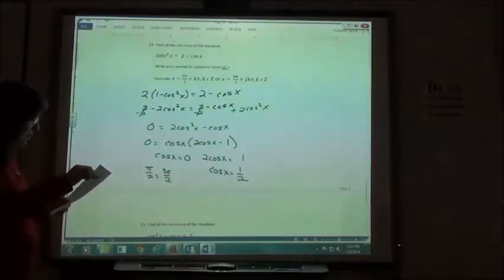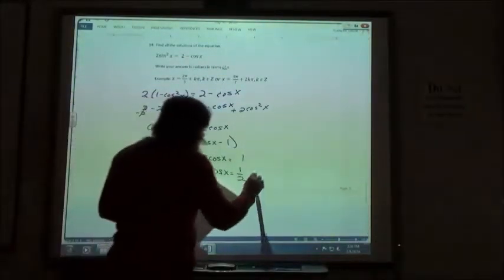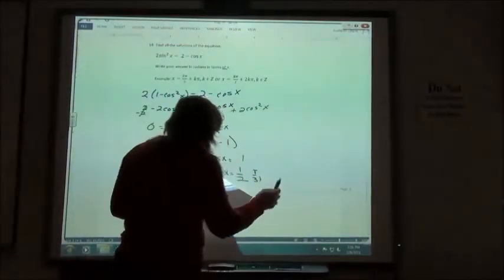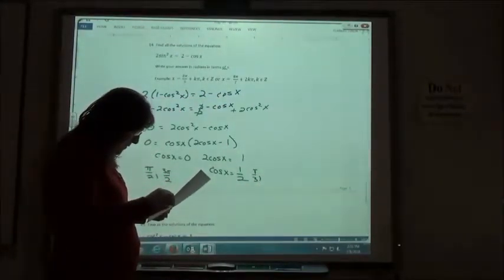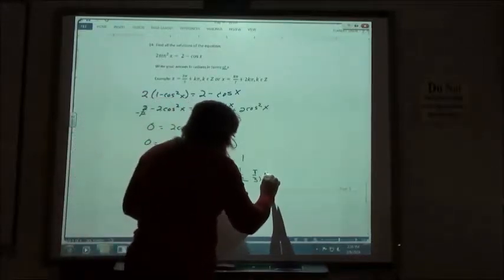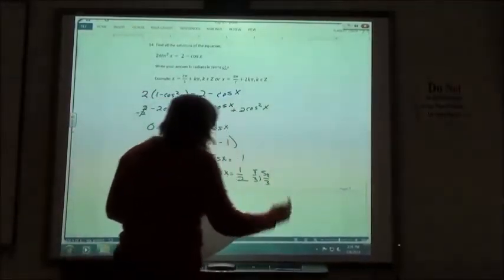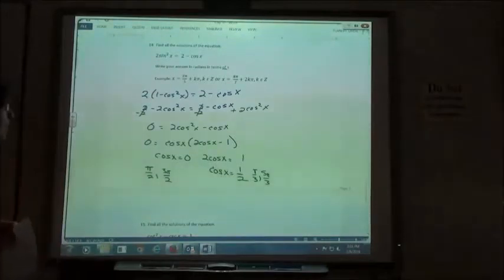1/2 at pi over 3. Cosine of x equals 1/2 at 5 pi over 3. Those ones I'm not going to be able to combine. They're more than pi apart.